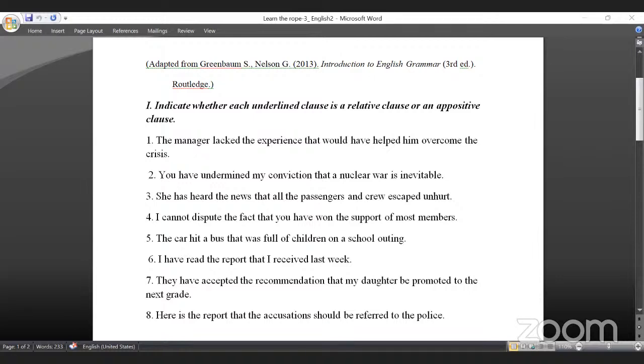The word that. Yes, right. The conjunction that is common to all of them. But we already know that some of them are relative clauses and the others are appositive clauses. Our task is to figure out which one is a relative clause and which one is an appositive clause.